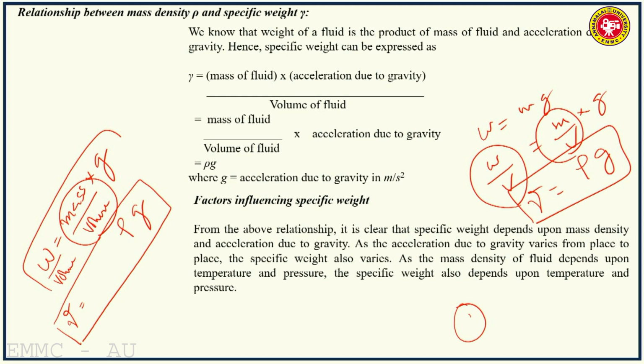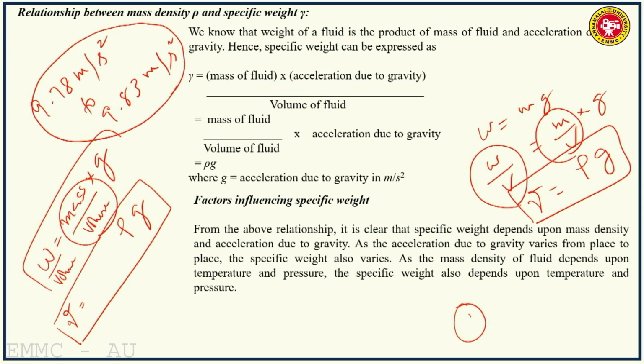If you take the globe, the g value varies from 9.78 meter per second square to 9.83 meter per second square. Suppose a numerical problem is asked for you to solve in the examination.